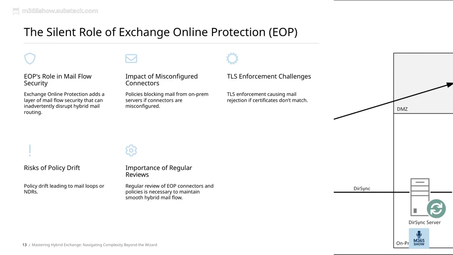It's a delicate balance. If connectors aren't set up correctly, you risk unintentionally blocking legitimate emails. Ultimately, EOP adds a valuable layer of security for your mail flow, but it can sometimes complicate things if not properly managed. Regular reviews help prevent these issues, ensuring your hybrid environment remains secure and efficient.